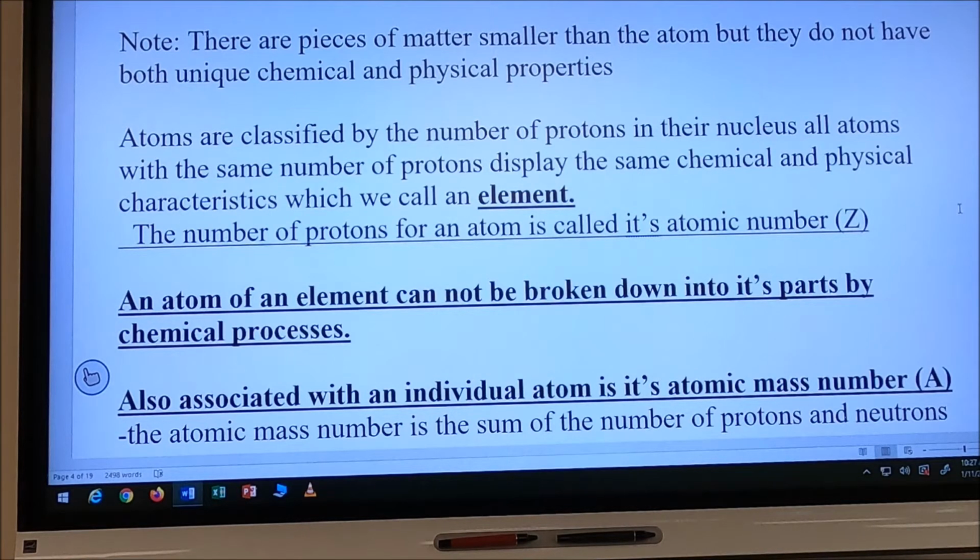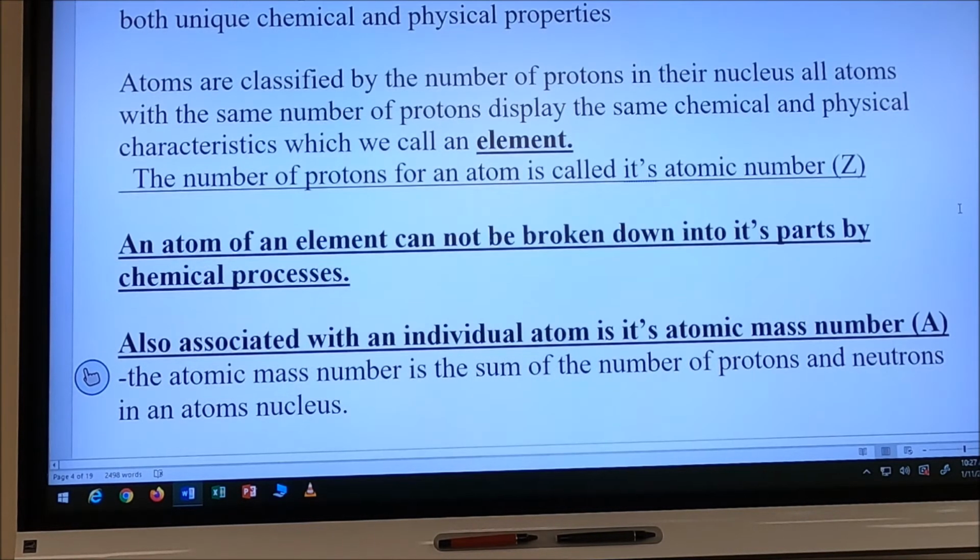The number of protons an atom has is called its atomic number, Z. An atom of an element cannot be broken down into its parts by chemical processes. So I can't split an atom in a benchtop chemical reaction. Okay, you've got to do some extraordinary things. We can pop electrons out, we can add extra electrons in, but that's considered to be chemical.